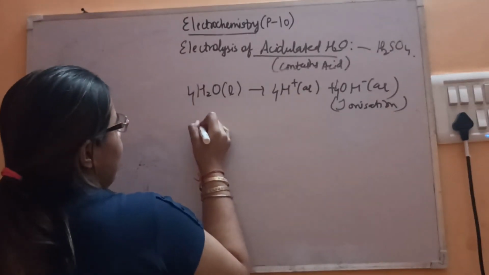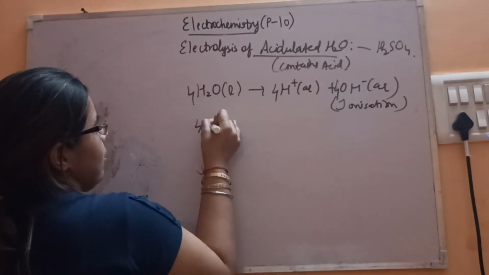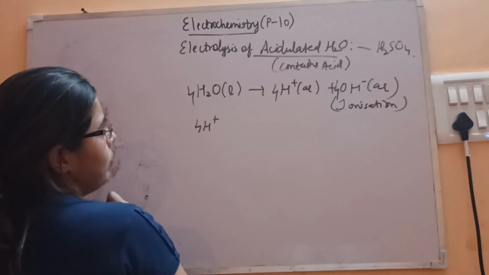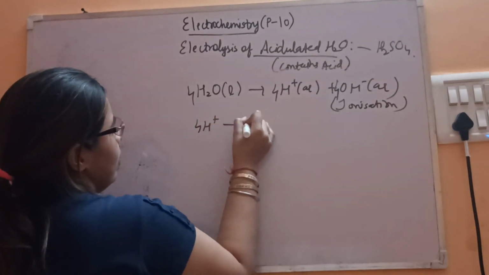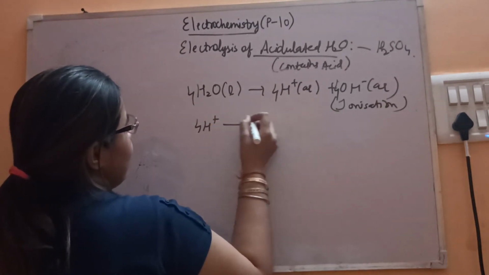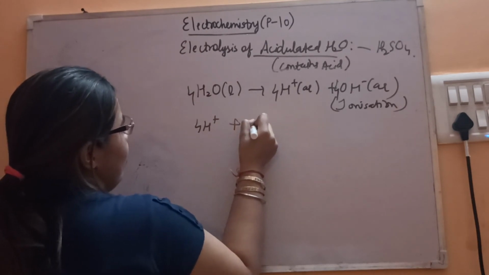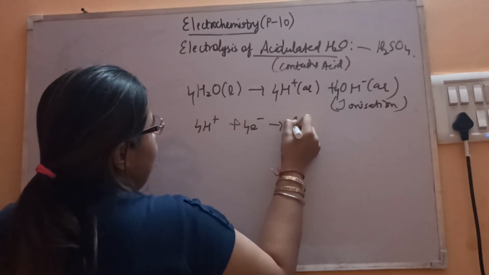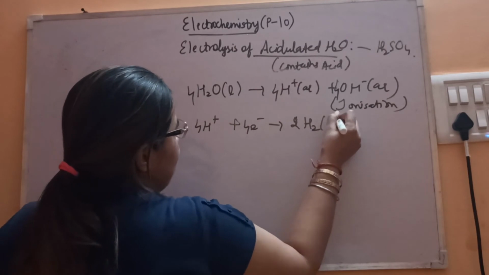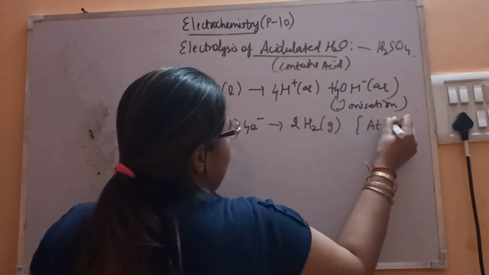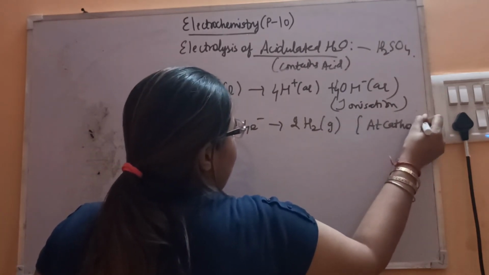Now this 4H plus will gain 4 electrons, and gets converted into hydrogen gas. So this is at cathode.